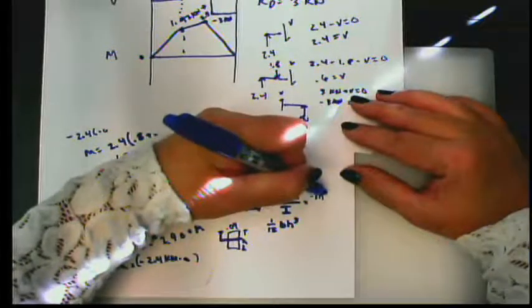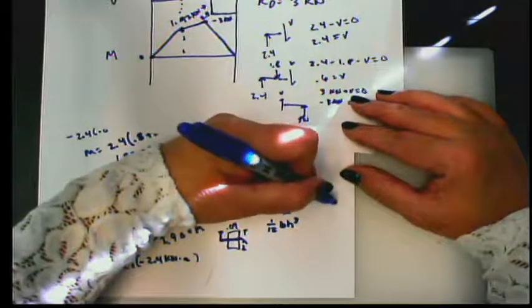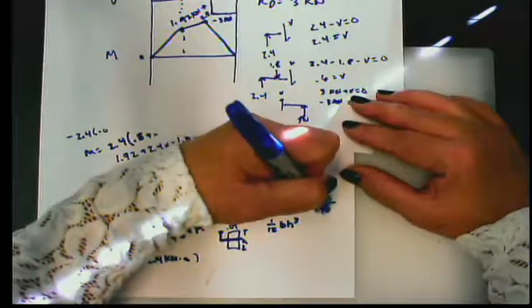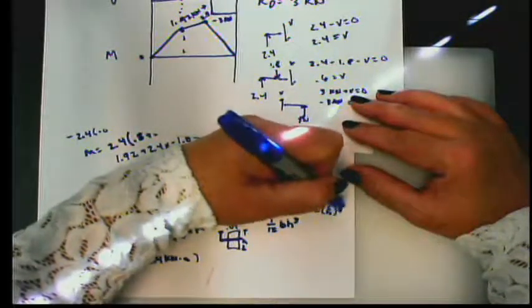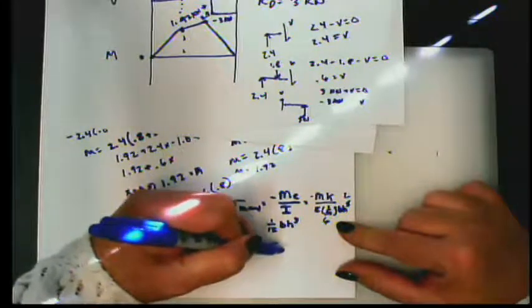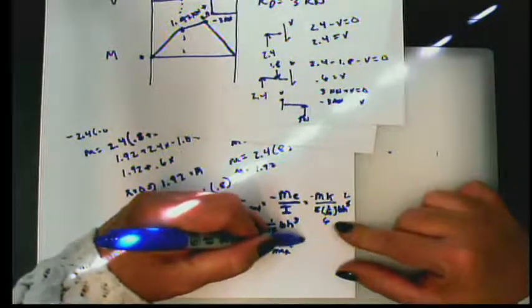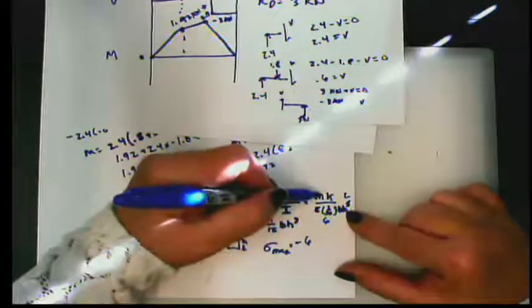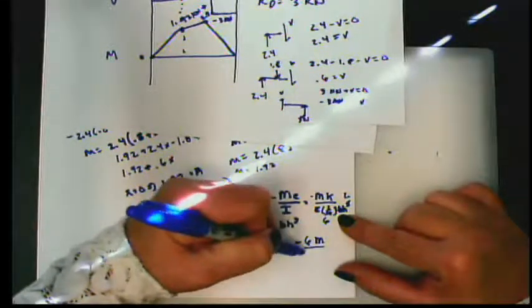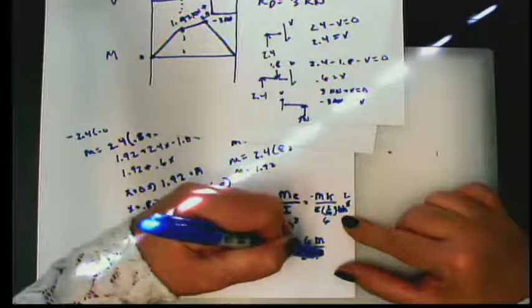Minus m times h over 2 times 1/12 times the base times the height to the third. This cancels this to squared. This cancels this to 6. So it turns out that sigma max is equal to minus 6 m over b h squared.